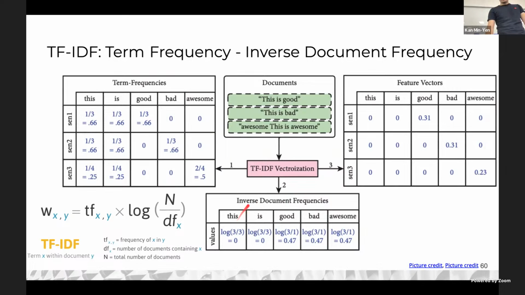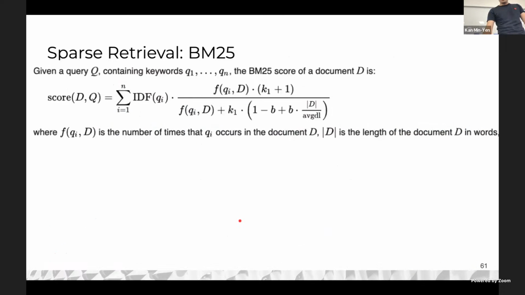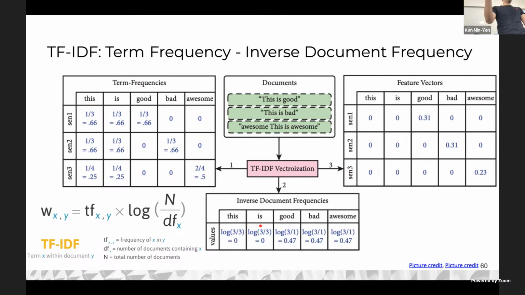In the case here, we see that the words "this" and "is" occur in every single document. So it doesn't help us to distinguish one document from another. We consider it meaningless and we just ignore it. And finally, we will have a set of feature vectors. We call these sparse vectors because obviously most of the terms have an entry of value 0.